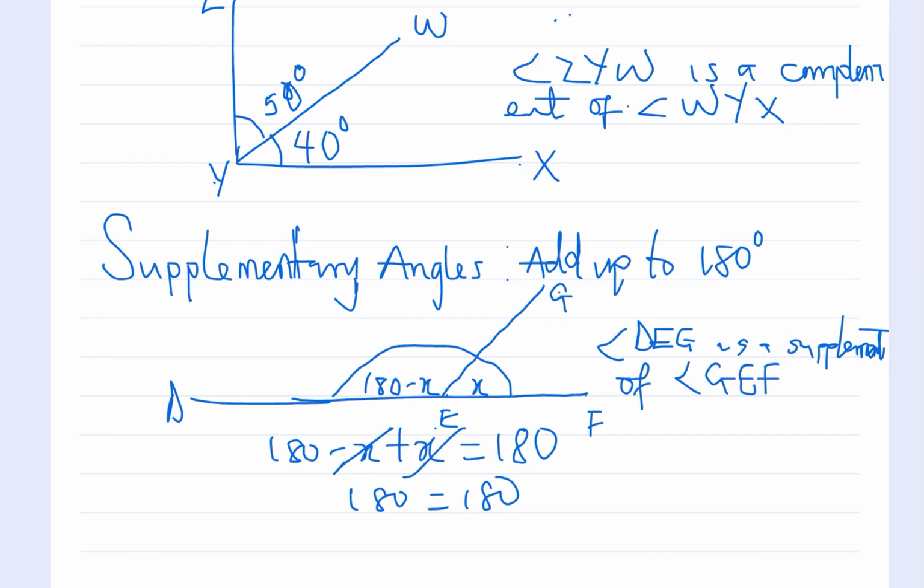Are you seeing that now? So when they add up to 180, that is when you say it is supplementary. And when they add up to 90, you say it is complementary. Alright, so I will stop there for now.